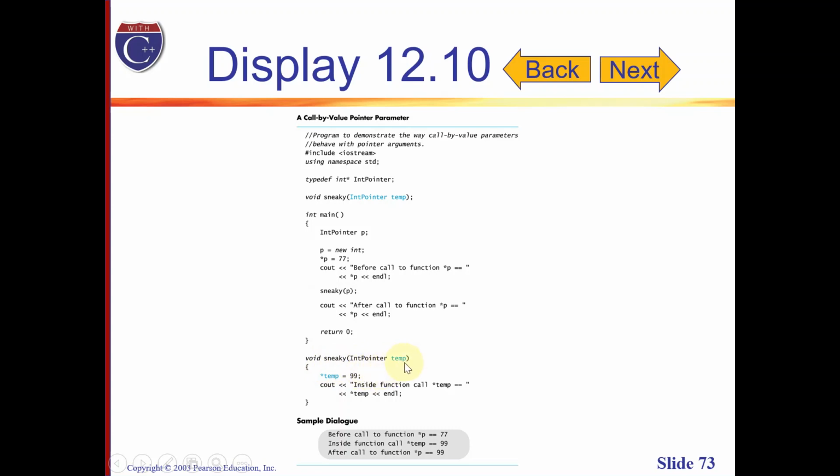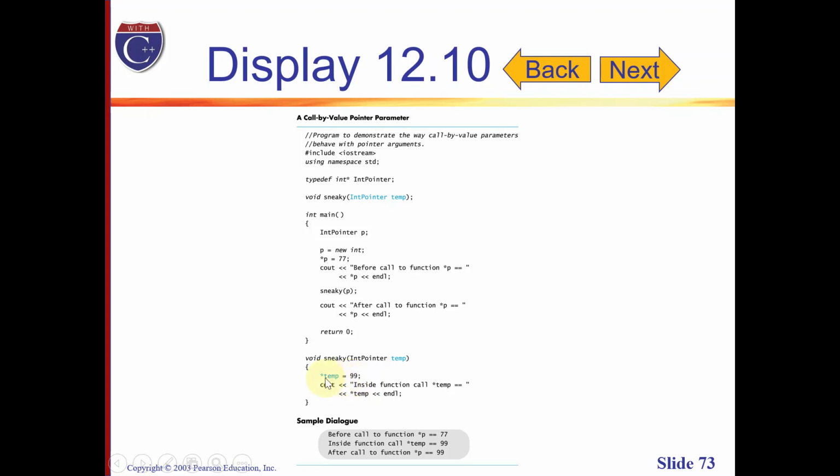As you can see here, we have declared another pointer variable as its parameter. And what will happen here is that the moment that we pass p as a call by value parameter, that will be captured by this pointer variable. And in this case, inside the function, we will assign the pointer variable temp with the value 99.